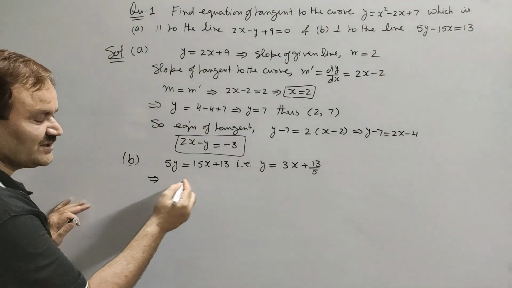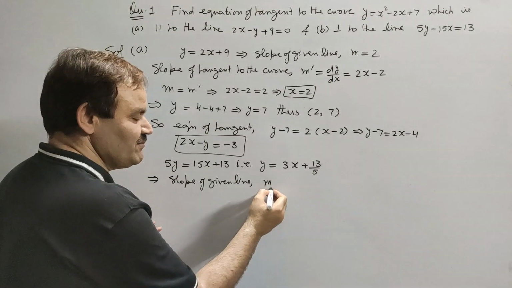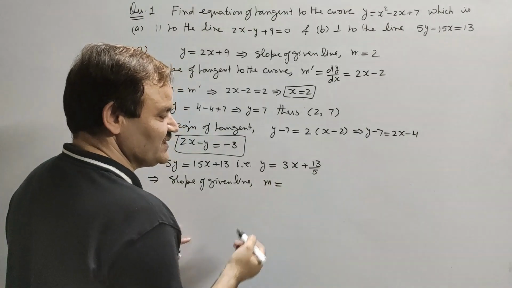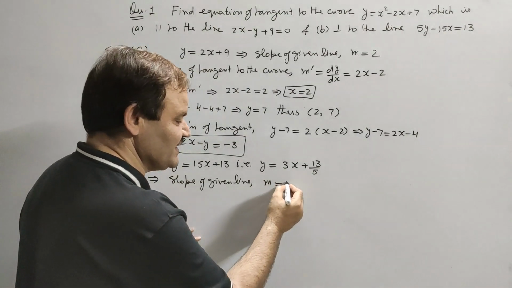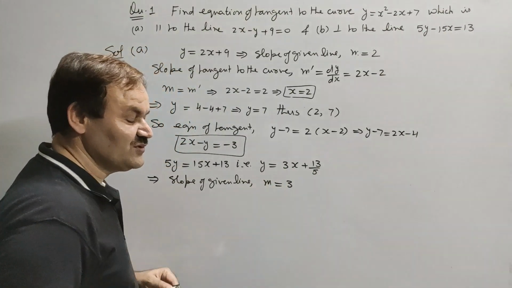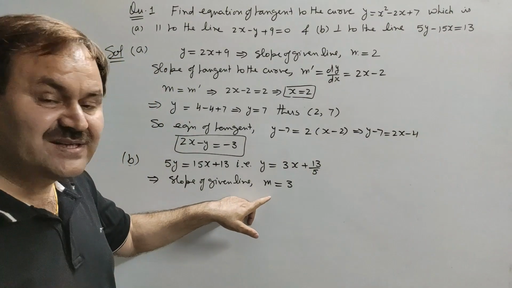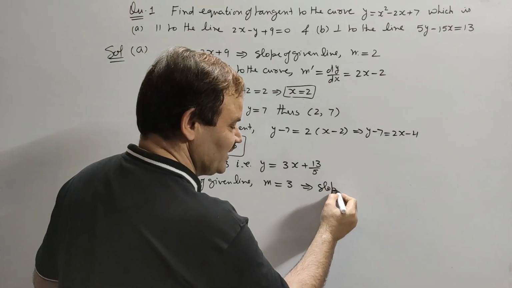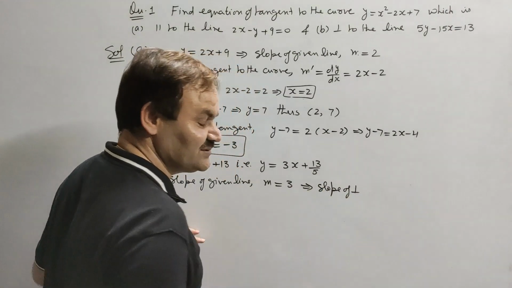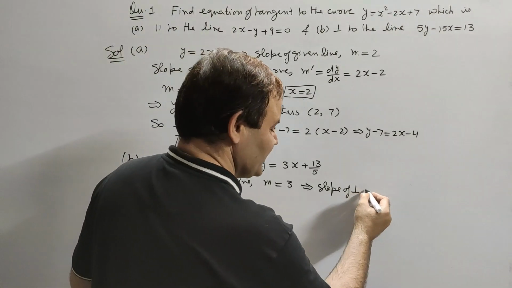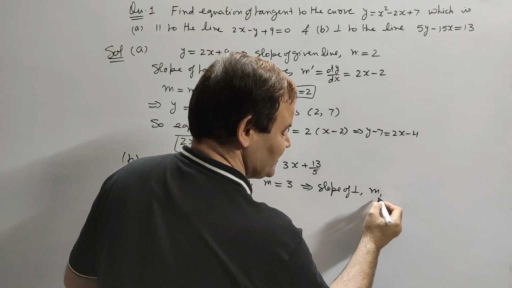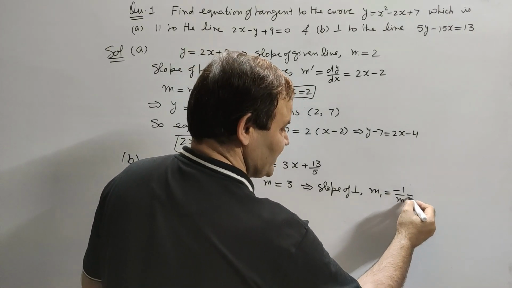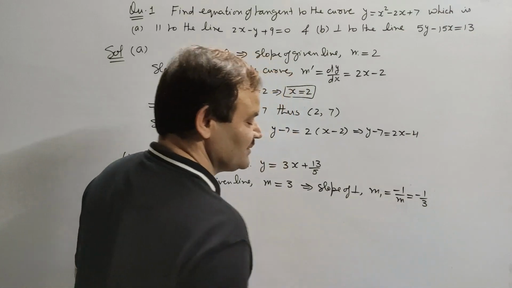This implies the slope of the given line, m, is equal to 3, because again this equation is in the form y is equal to mx plus c. If the slope of the given line is 3, then the slope of the perpendicular to this line, say m1, will be equal to minus 1 upon m, that is minus 1 by 3.